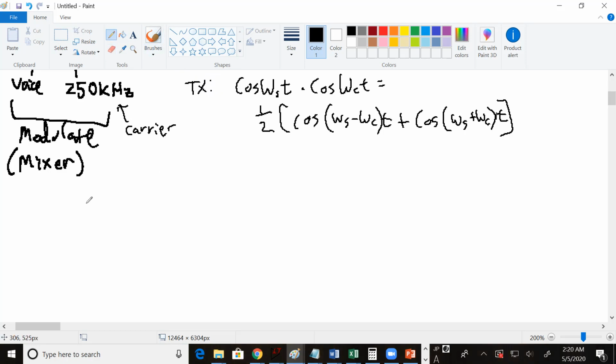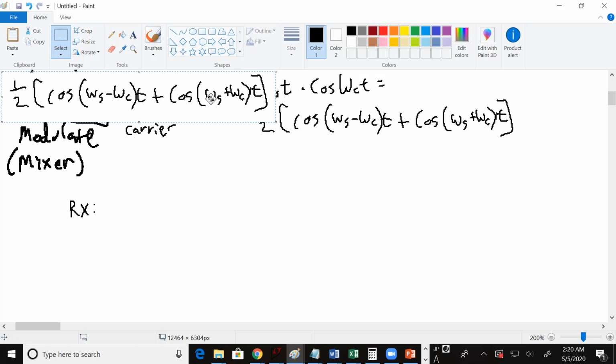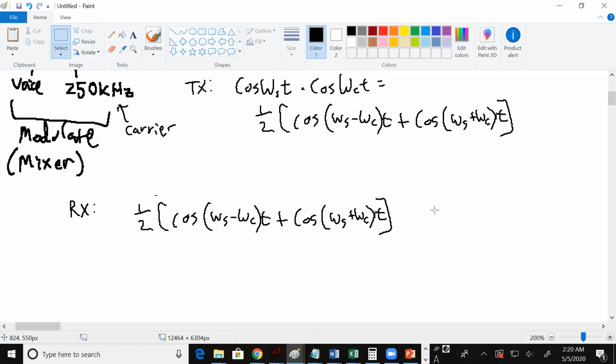And then on the receive side, you receive this signal, and then you multiply it by the carrier frequency again. Remember that on the receive side, we're putting it through another modulate block with the same carrier frequency, that same high frequency.